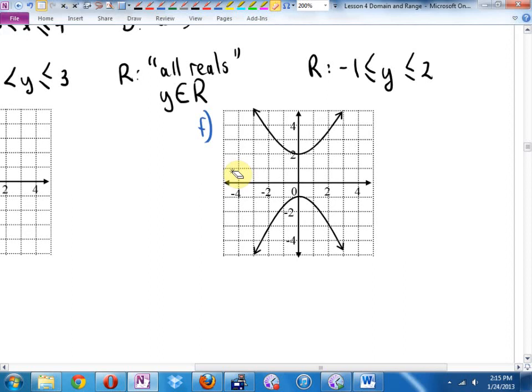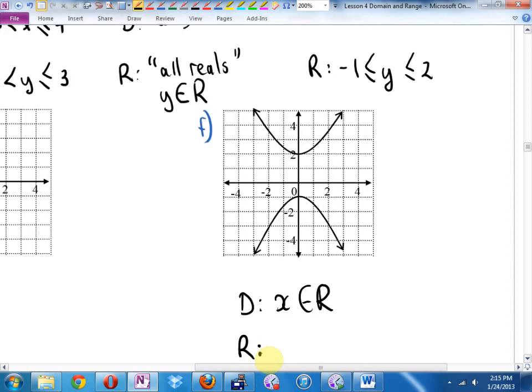Arrows or not? Okay. How far left does this graph go? -infinity. How far right? You know what? I think my domain is going to be x for domain, but it's going to be all reals. What about my range? Now this is tough.